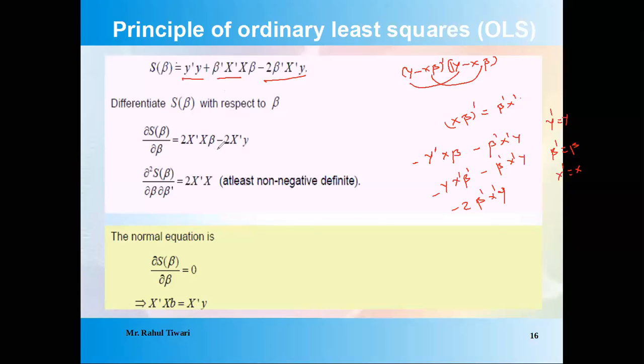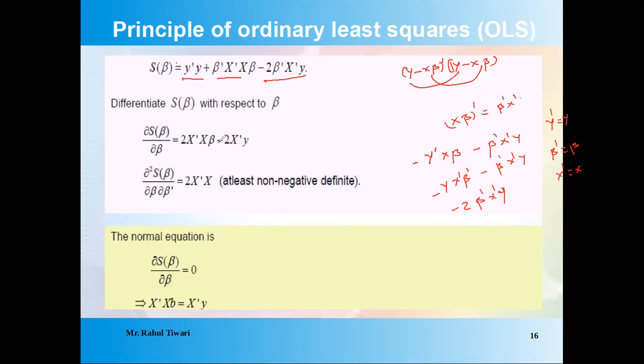So if you differentiate, you'll get this. Your second derivative will be this one, and because this is 0, this quantity is positive, at least non-negative definite. So we can say this is positive. And we know the normal equation is this equated with 0. If we equate with 0, that means this entire thing is equal to 0.